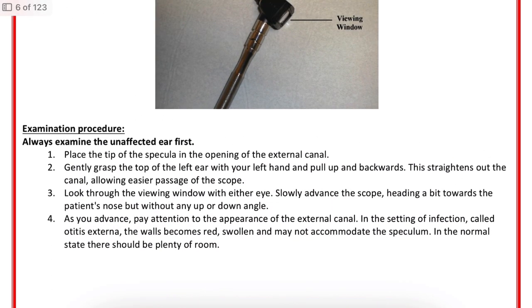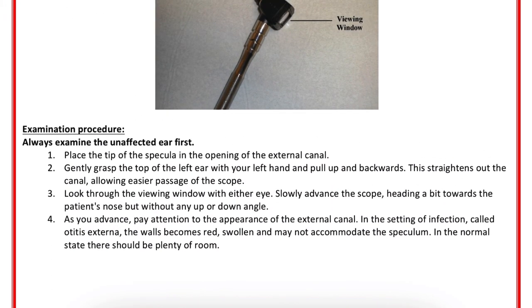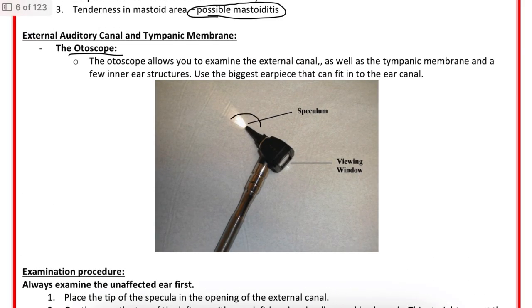So how do we do the examination? First of all, this is the main part, which we call the speculum. The earpiece will be big, because it has to go inside the ear.